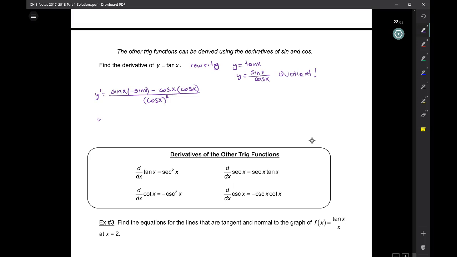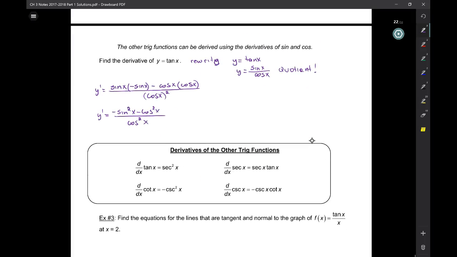So, what do I have here? Negative sine x squared minus... Why don't you put cosine first? Isn't it low d high minus high d low?